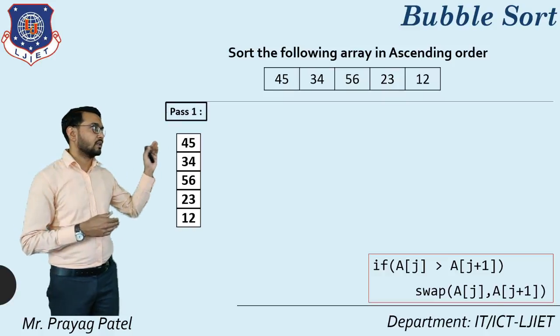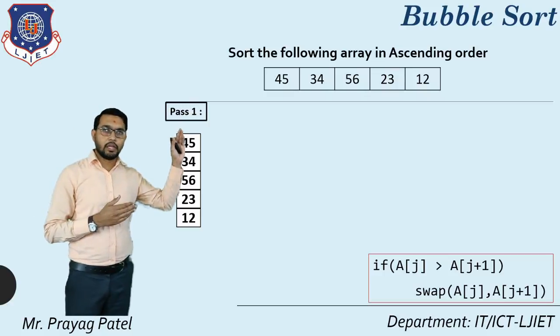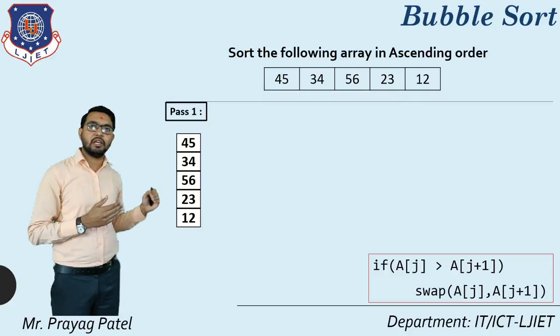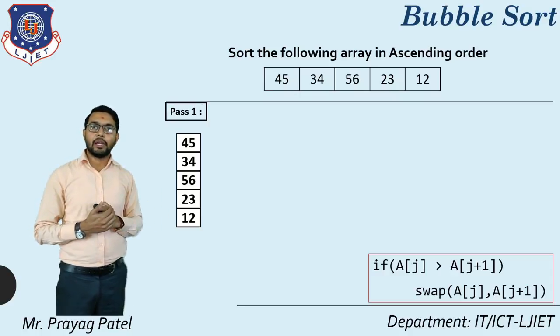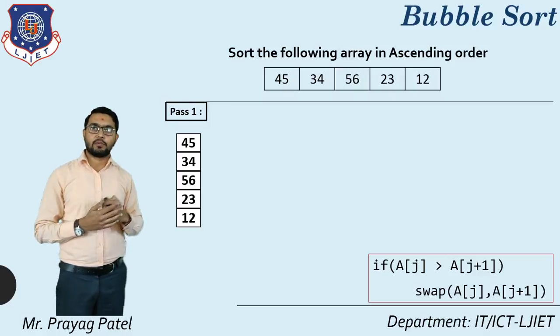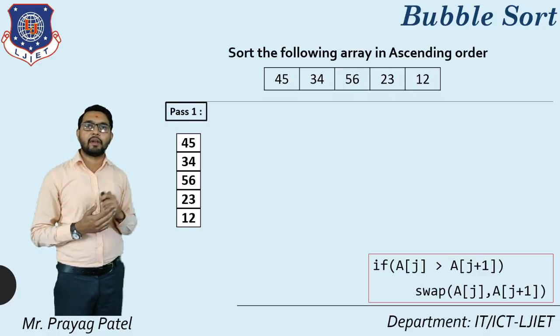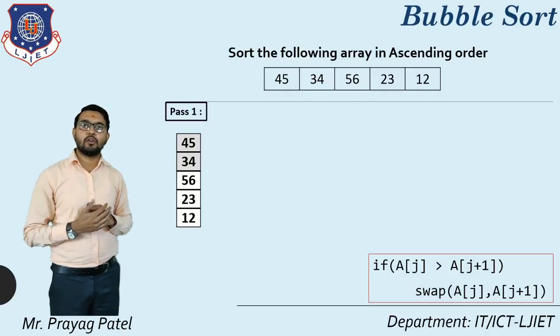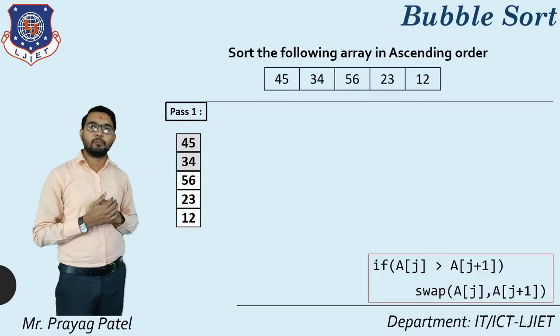Now consider pass number 1. Here the given data is 45, 34, 56, 23 and 12. Now compare a of j with a of j plus 1. So here we start the process from the first element. 45 is a of j and 34 is a of j plus 1. So initially we compare 45 with 34.